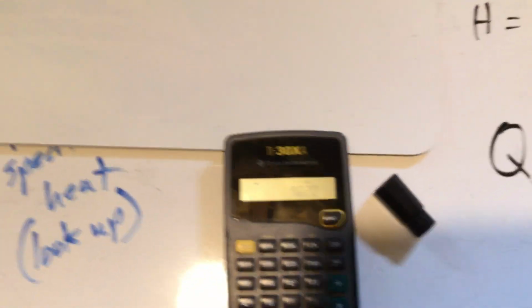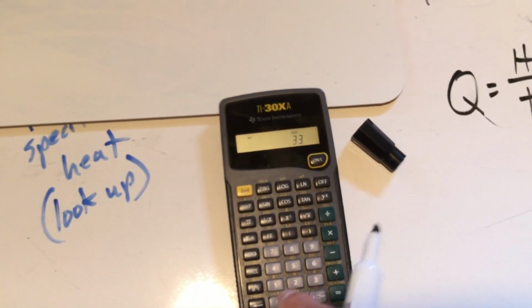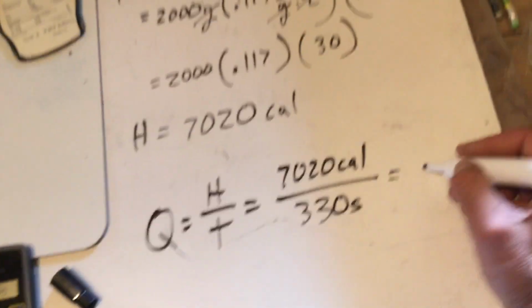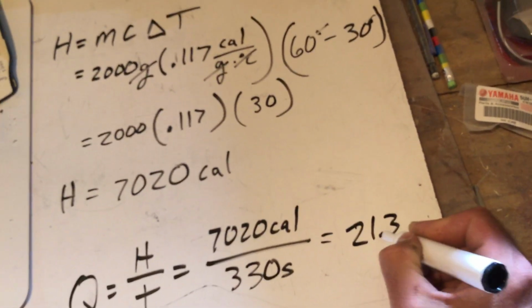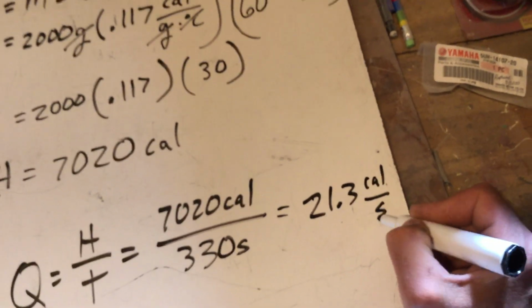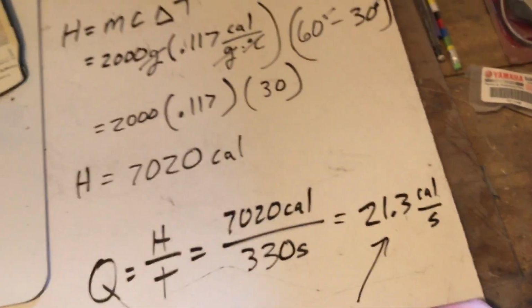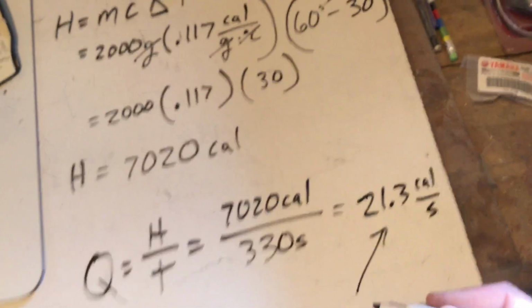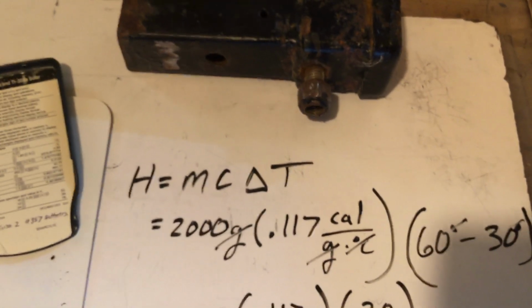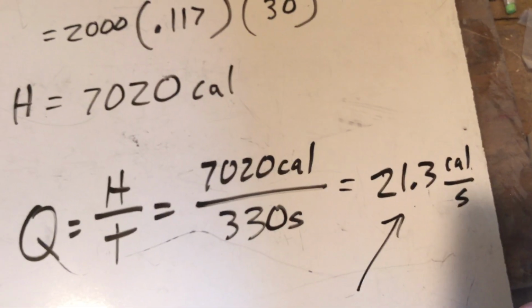But back to the calculator, I take the 7,020, I divide it by 330, and I get 21.3 calories per second. This is the thermal rate, or the heat flow rate. So I've shown you how to find an amount of heat, then find a heat flow rate.